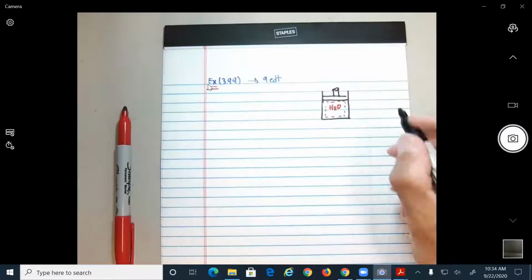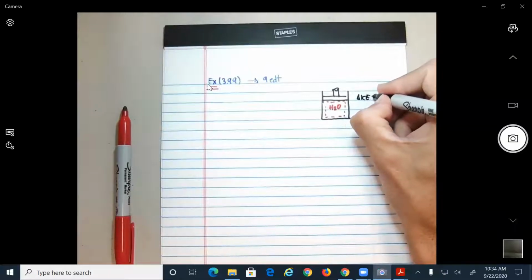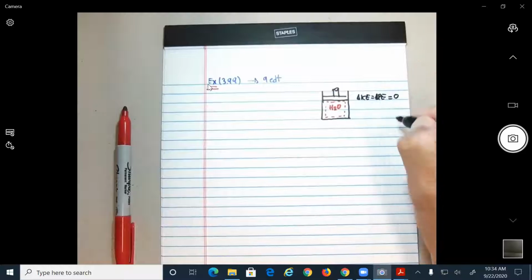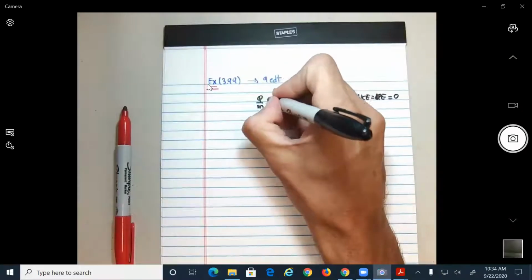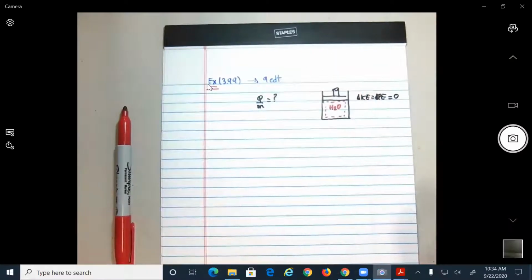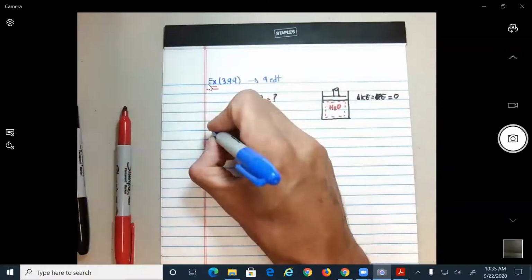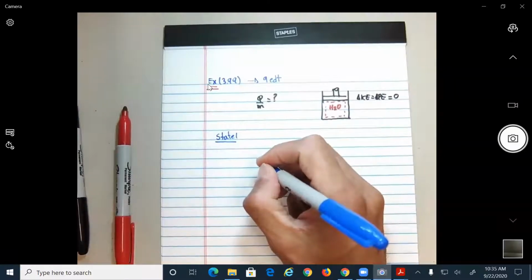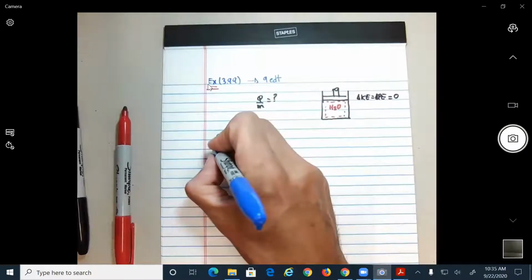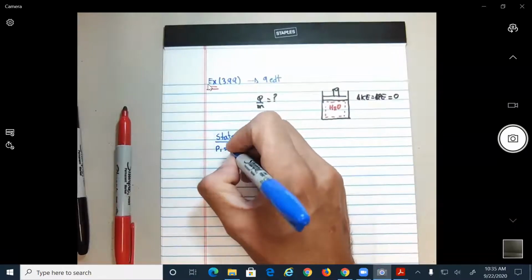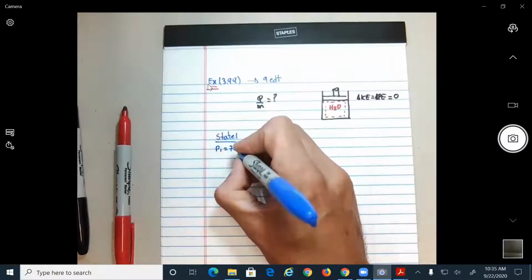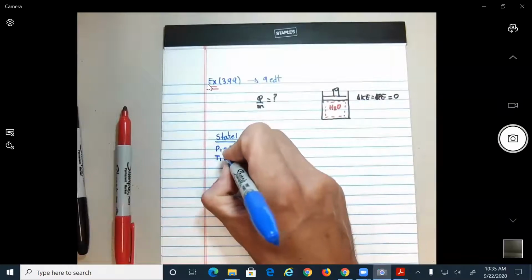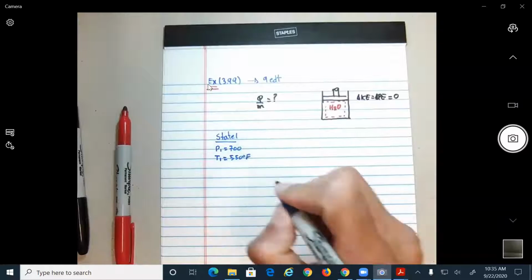They tell you that, neglecting kinetic and potential energy, you are to determine the heat per unit mass, knowing that at state 1 the water is at a pressure of 700 psi, and the initial temperature is 550 degrees Fahrenheit.